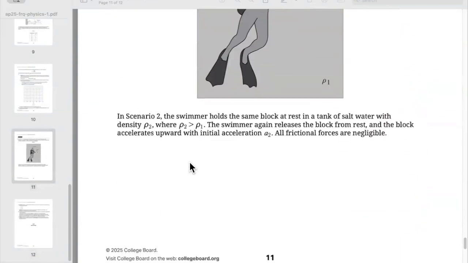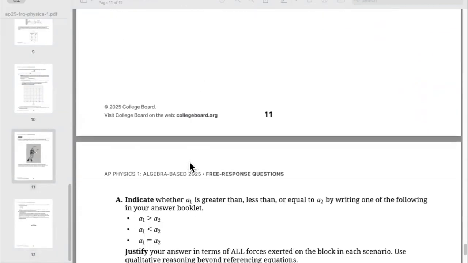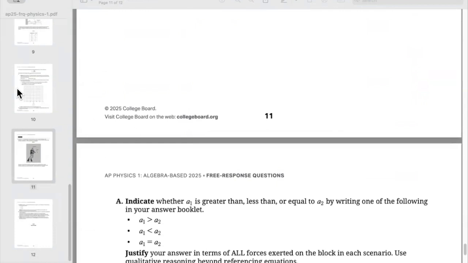Well, the block has lower density, which means that the bigger the difference in density, the bigger the acceleration. So A1 is going to be less than A2 because of that. Justify in terms of all of the forces.